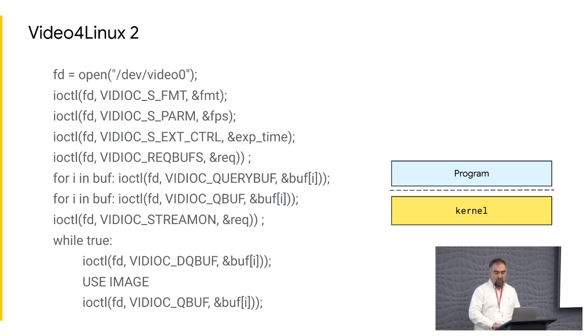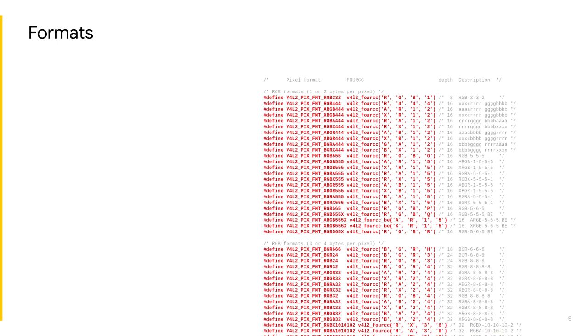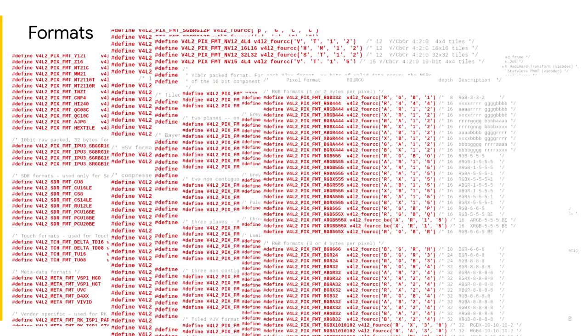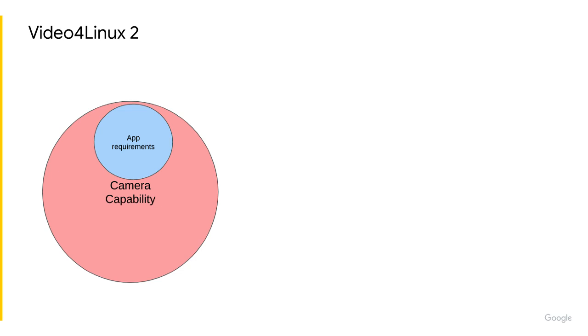So this means that you need to support the video formats supported by your camera. And yeah, the list is not small. Actually, the list is huge. So what do you do? You have a very big problem.